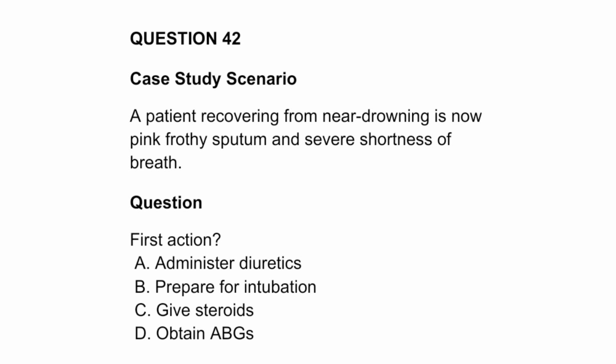Question 42. Case study scenario. A patient recovering from near drowning has now pink frothy sputum and severe shortness of breath. Question: first action. A. Administer diuretics. B. Prepare for intubation.